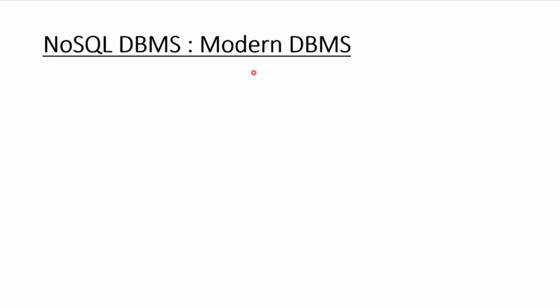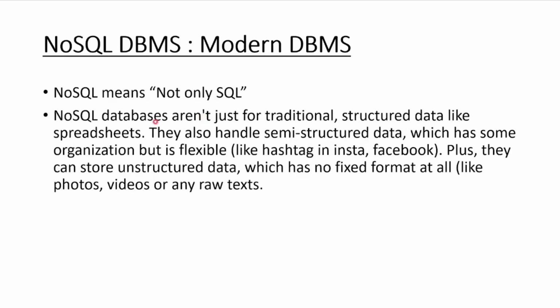Another type of DBMS is NoSQL DBMS, the modern DBMS. Here, NoSQL means not only SQL. NoSQL databases aren't just for traditional structured data like spreadsheets. They also handle semi-structured data, which has some organization but is flexible, like hashtags on Instagram and Facebook.